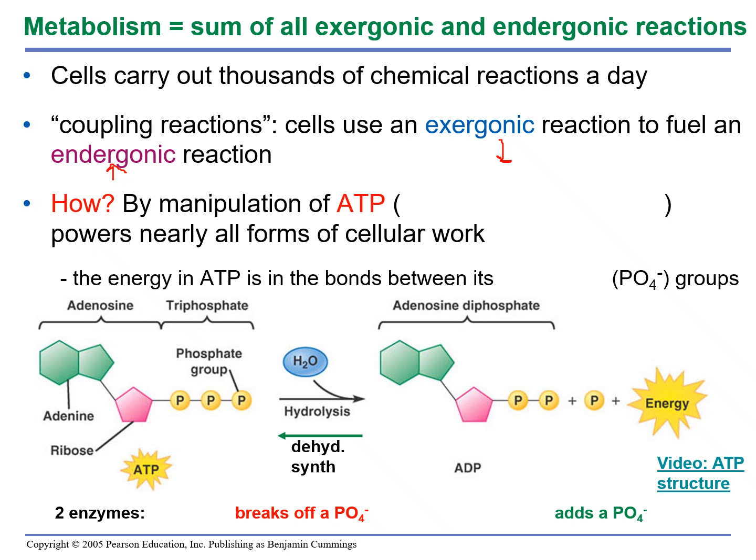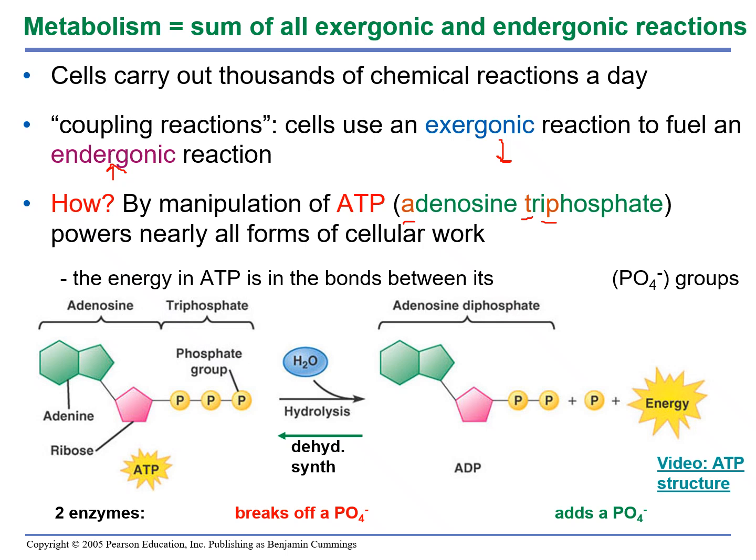How this is done is by manipulating ATP, which is adenosine triphosphate. The A, the T, the P are taken from adenosine triphosphate, and it becomes ATP. It's just a short form.